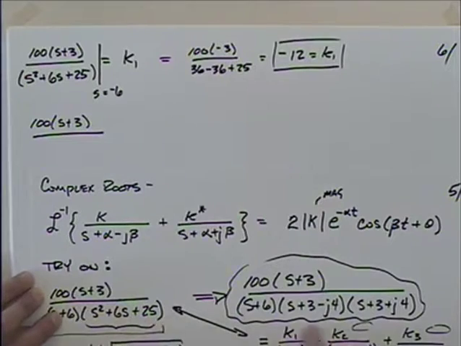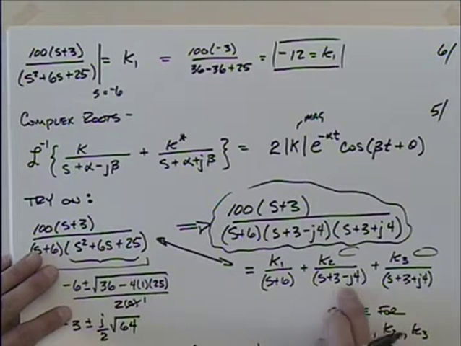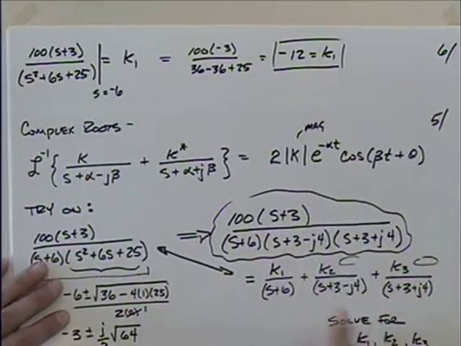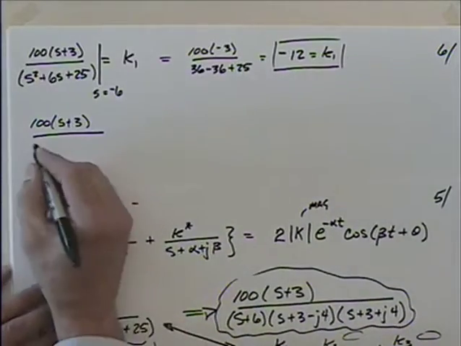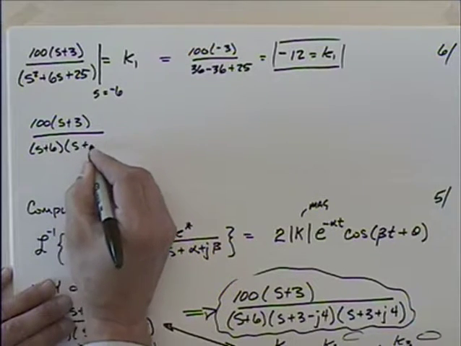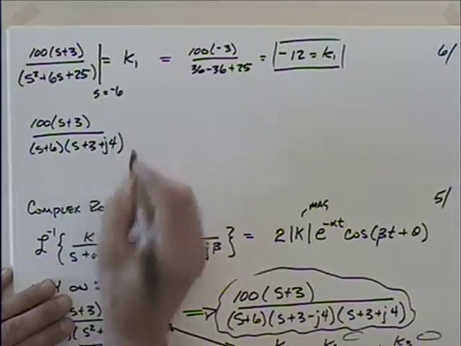And then I don't want to use this one, I want to use this one because I'm multiplying by S plus 3 minus j4. So when I do that, that one cancels out, and I'm left with S plus 6 and S plus 3 plus j4.